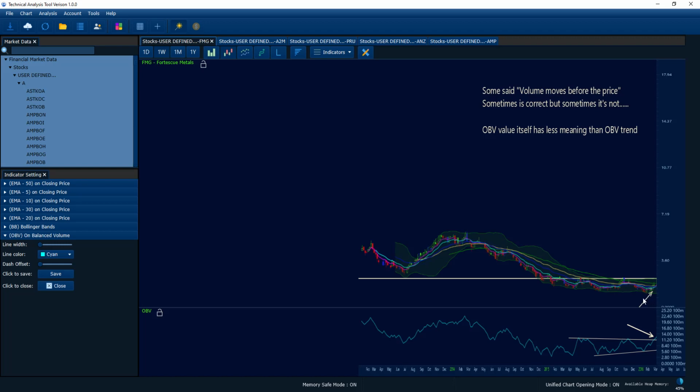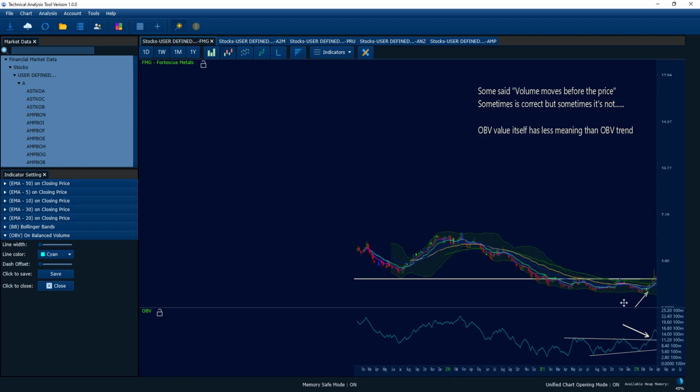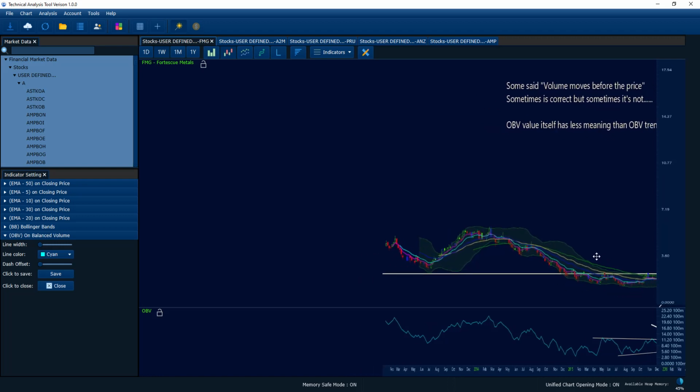It's a relatively safe timing to buy when this OBV line breaks out of the pattern. If you buy here, as time goes by, as you can see, the price does move up. The horizontal line is a resistance line that we can observe because we see lots of price rejection at this price level. So that's why we draw a horizontal resistance line.